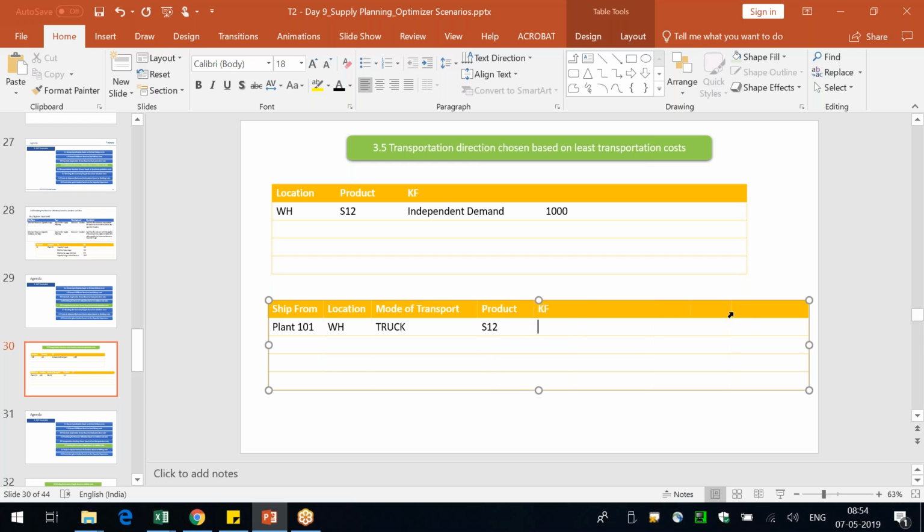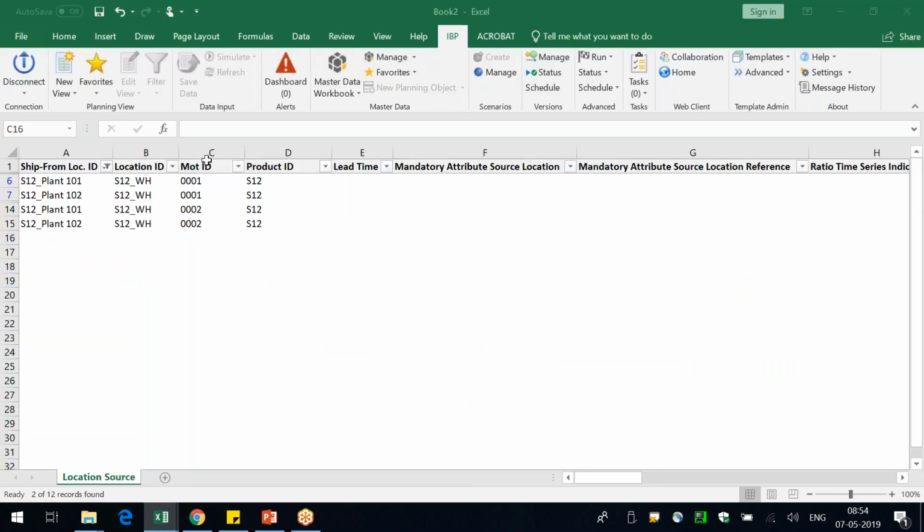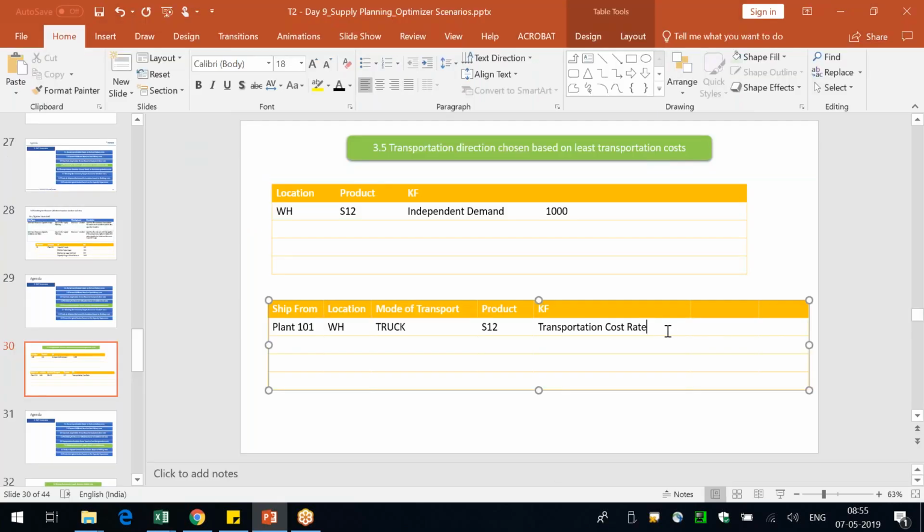Now this is where we can utilize the transportation cost rate. If you bring the mode of transport into the system, include it in your master data and make it a key attribute, mode of transport ID, then here you can maintain that my truck is $5 and my rail is just $1.